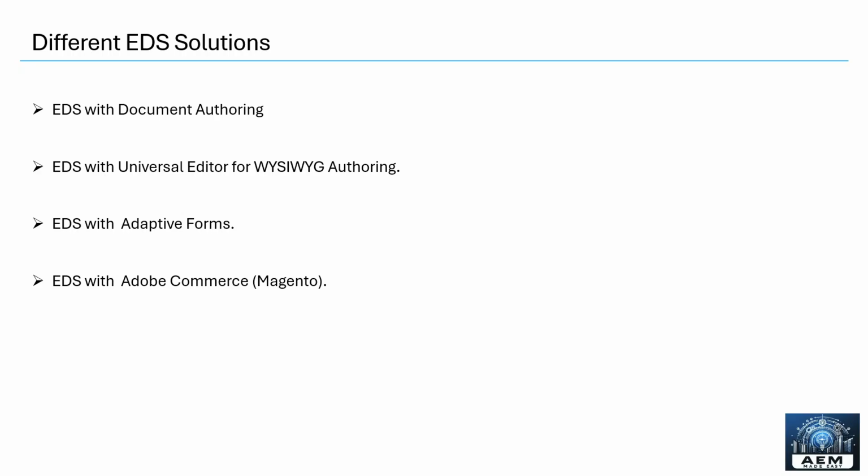Like in AEM we have SIF components, in EDS there is the concept of blocks. The commerce-related blocks are specialized blocks known as drop-ins. These drop-ins are used to create commerce-related components.